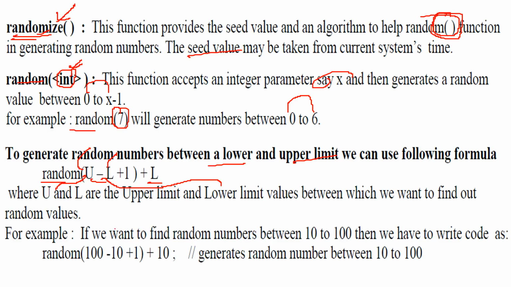For instance, if you want to find random numbers between 10 to 100, we need to write random. u is 100 we are going to take, l we are going to take 10, then plus 1 and l again 10. So this will generate a random number between 10 and 100.